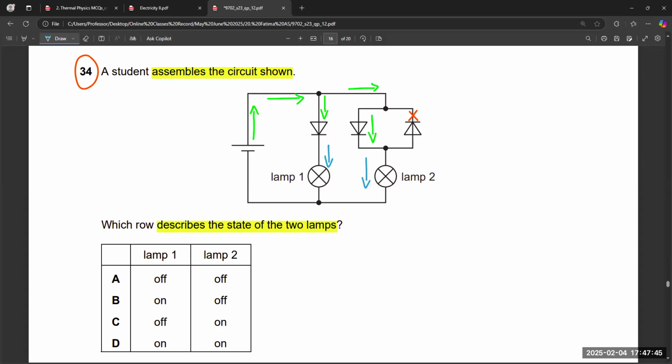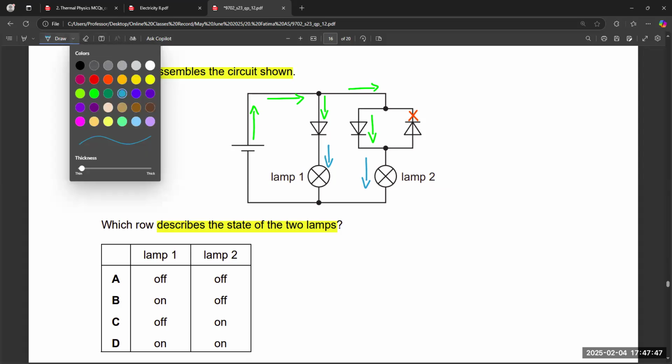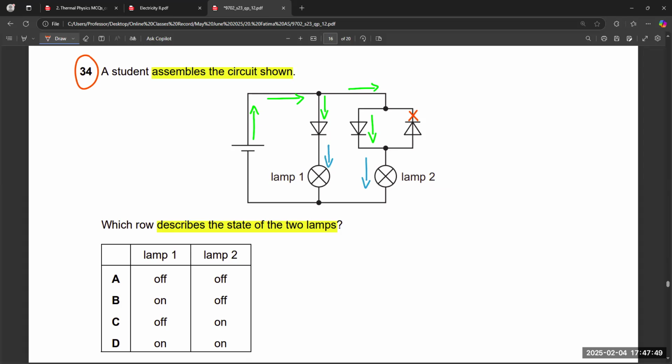So both lamps will be on because one path is blocked, but from the other path current can easily pass through the lamp. Okay, so one path is blocked, but from the other path we can easily pass the charges through the lamp. And basically this diode is unnecessary also because there are only two components, so two paths for the current is enough.